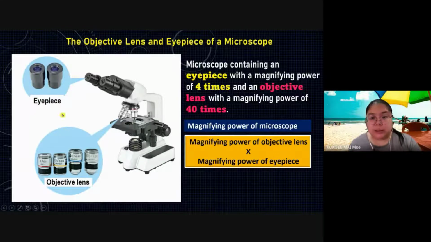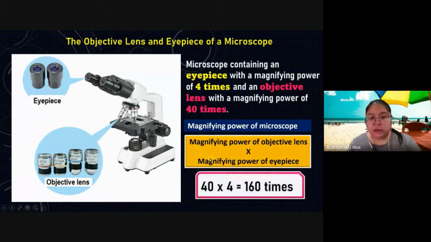The question will provide the objective lens power and also the eyepiece power, so we just multiply: 40 times 4. So overall, the magnifying power is 160 times. That means the microorganism is made bigger 160 times.